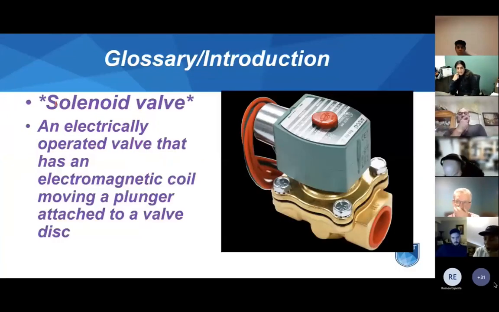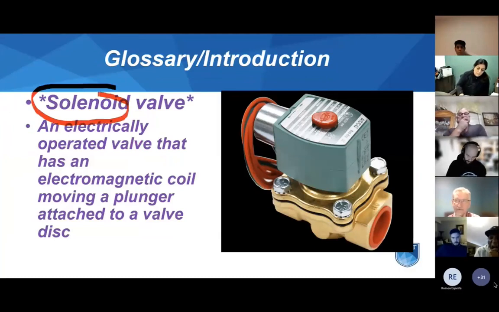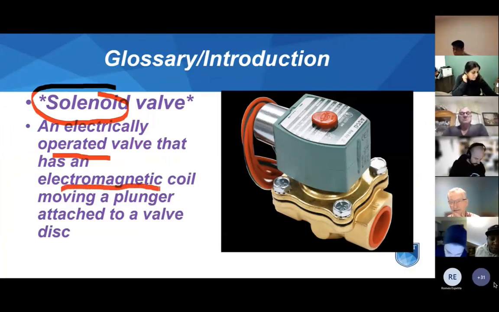And we'll look at half a dozen different things that can go wrong. So most gas valves are solenoid valves, and this is from your glossary at the beginning of the book. A solenoid valve is an electrically operated valve. It has a coil, which means it uses electromagnetic fields. Turning on this solenoid pulls some kind of metal plunger with a magnetic field, and generally it's going to open the valve.